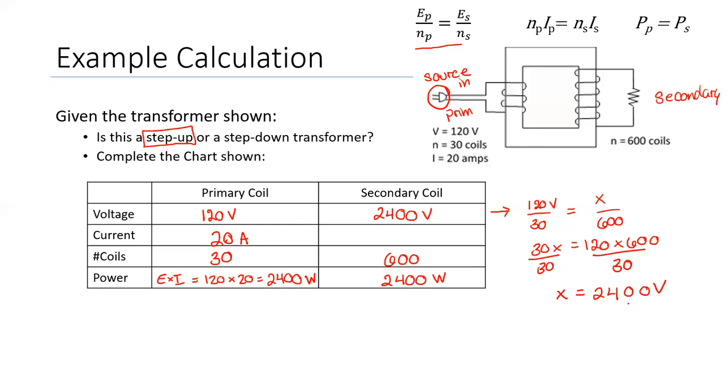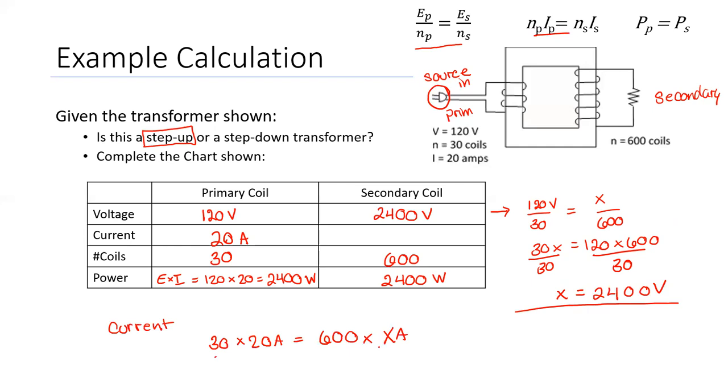What about the current? Well, we can use the other formula. We'll use this one. So the turns, we have 30 turns times 20 amps is equal to 600 turns times X amps.